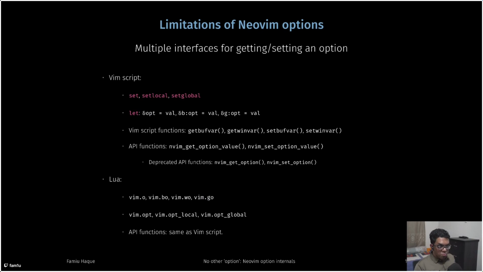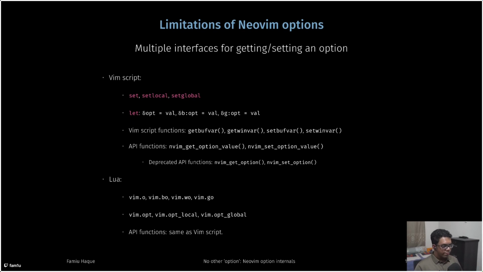We also have API functions like nvim_get_option_value, nvim_set_option_value, and we have some deprecated API functions. Thankfully, they got removed because they had even more limitations of their own. So the deprecated ones are nvim_get_option and nvim_set_option, as you can see here. Now, if all of this sounds confusing, I agree with you. It is. But what can you do?